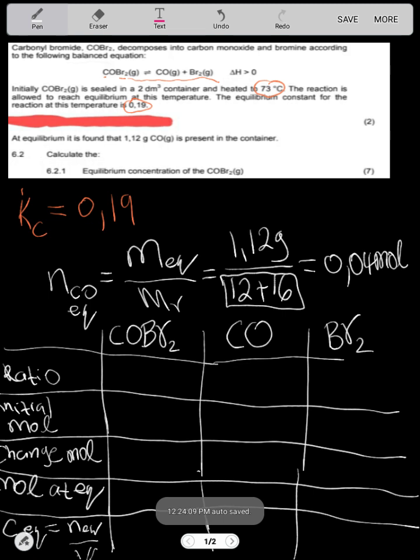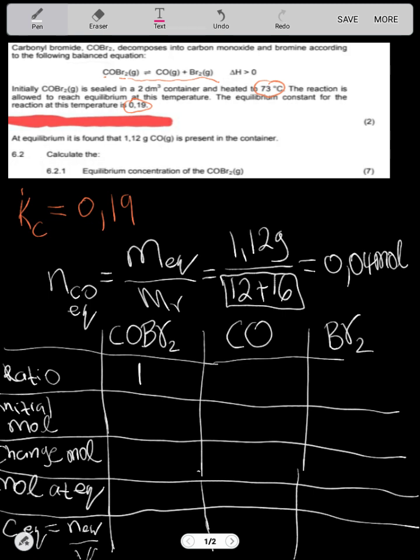So what do we know? Initially we don't know how much COBr2 is given to us, but we know the stoichiometric coefficient of COBr2, which is 1. It's just next to this particular molecule. How many molecules of COBr2 do we have here?